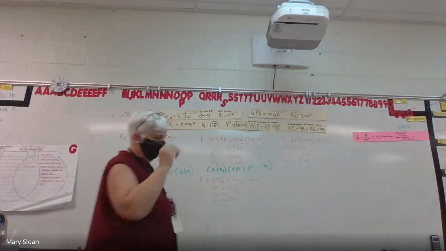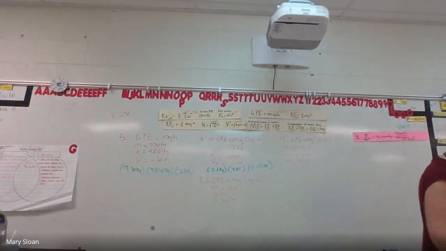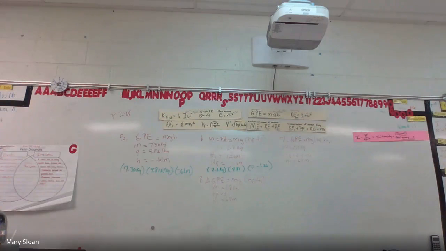Number 7 says a ball lifts a 2.2 kilogram book from his desk, which is 0.80 meters high, to the bookshelf that's 2.10 meters high. What is the potential energy of the book-Earth system relative to the desk when the book is on the shelf?